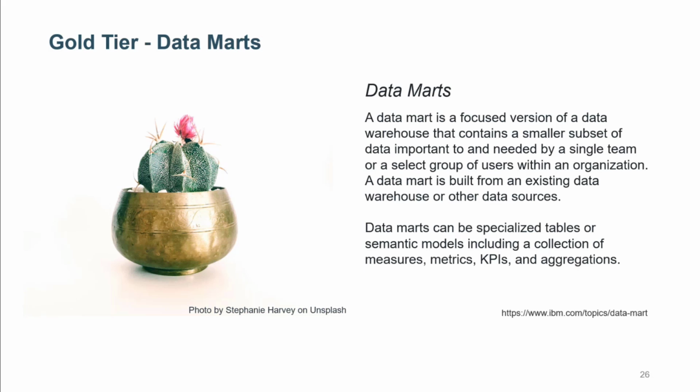So a data mart should be really finely tuned to the reports that people are creating. And so you want to work really closely with data analysts to identify their needs. A data analyst may also go directly to your silver tier and create their own measures, create their own metrics.